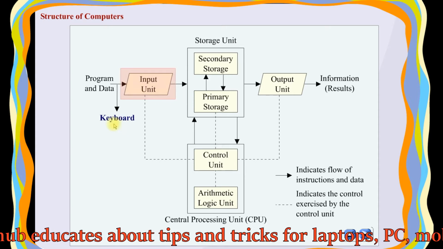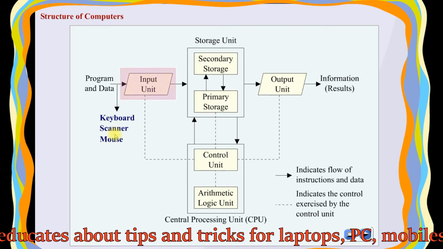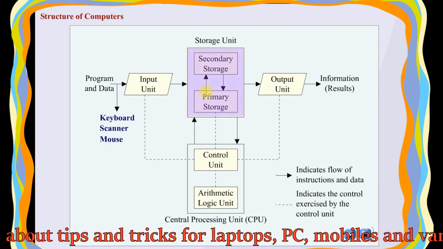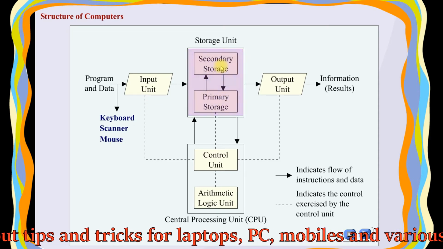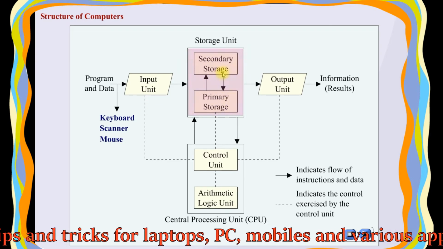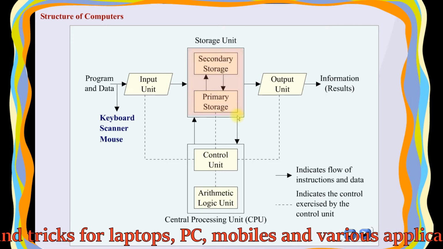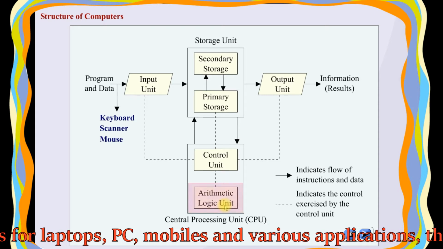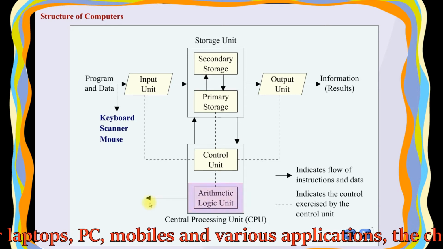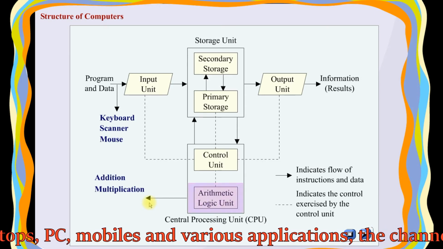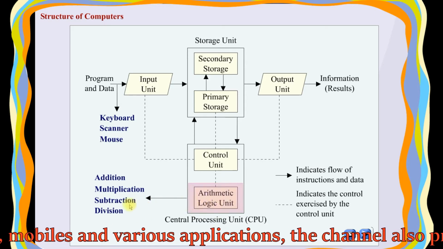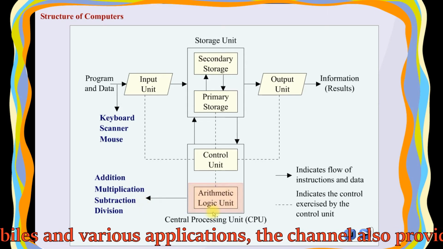The input unit includes devices like keyboard and scanner. The storage unit stores the data, primary or secondary. The arithmetic logic unit performs subtraction, multiplication, addition and division to handle all mathematical calculations.